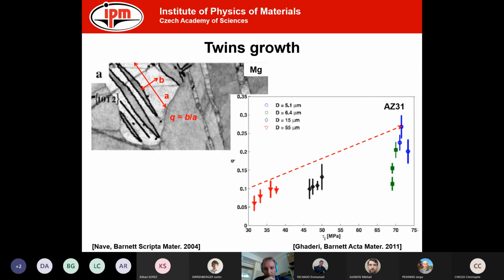And as you can see, there is quite nice correlation showing that the aspect ratio is increasing with the increased applied shear stress. So that is something what we would like to analyze and find out what are the basic phenomena behind this relation.